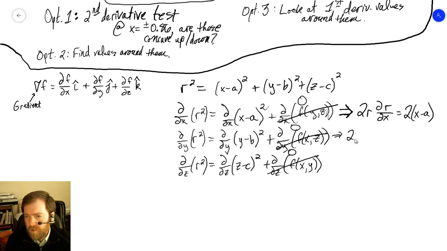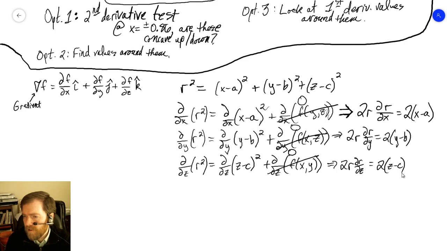And same stuff with below. So this is going to be perfectly symmetric again. dr dy is 2 times y minus b, and 2r dr dz equals 2 times z minus c. All right, in all of these cases, the 2's are going to divide off from both sides.